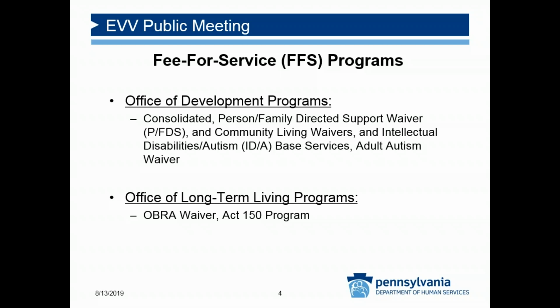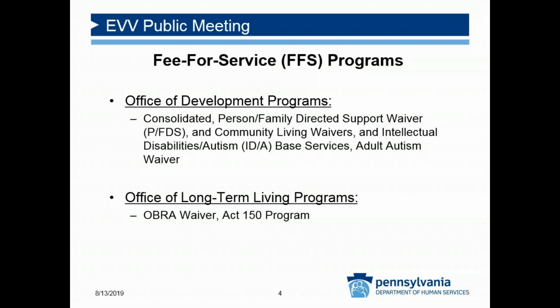So the fee-for-service programs that we are addressing here are under the Office of Developmental Programs, or ODP, and those waiver programs are Consolidated, Person/Family Directed Support Waiver, and Community Living Waivers, Intellectual Disabilities and Autism-based services, as well as Adult Autism Waiver.